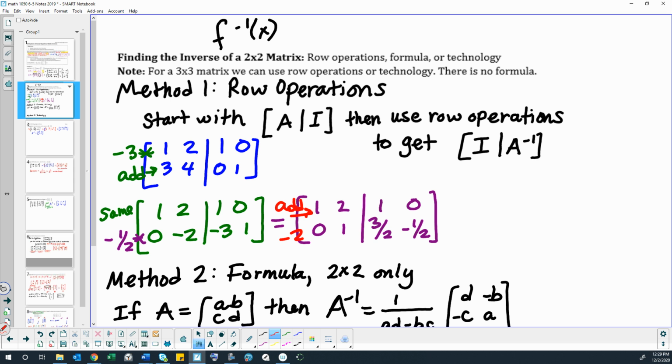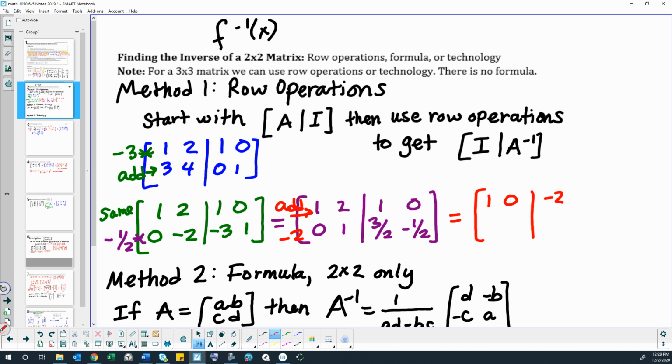So -2 times 0 is 0 plus 1 is 1 still, like it should be. And -2 times 1 is -2 plus 2 is 0. Here's the hard part. -2 times 3/2 is -3. Sound right? And then -3 plus 1 is -2.